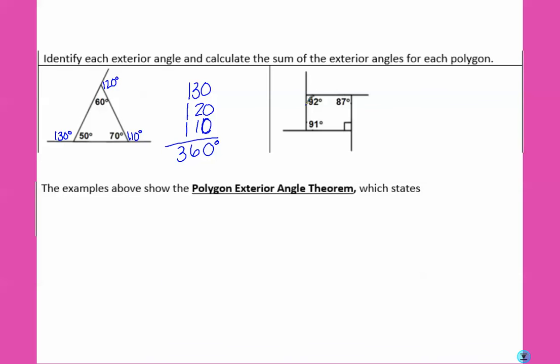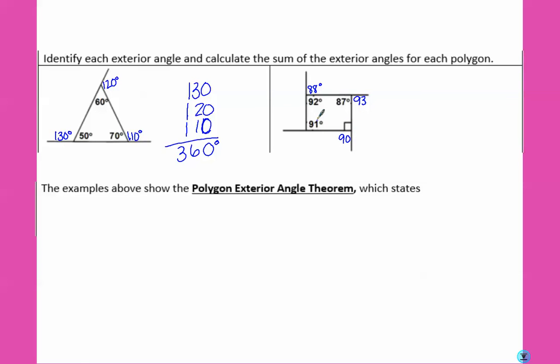Again, the interiors with their exteriors going off of them form lines. So they have to add up to 180 degrees. So if the interior is 92, the exterior is 88. If the interior is 87, the exterior is 93. If the interior is 90, the exterior is also 90.